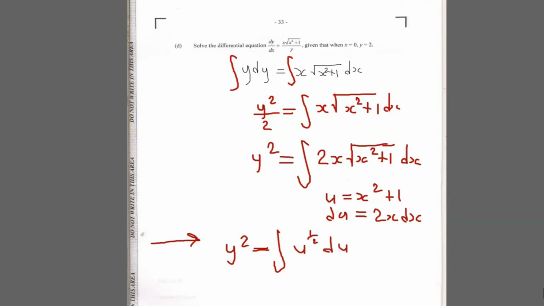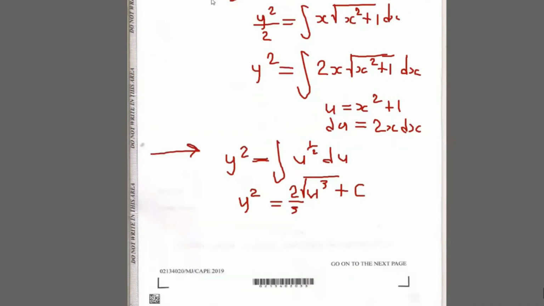So what we're getting then is y squared is equal to, when you integrate u to the half, you get u to the 3 over 2 over 3 over 2. Instead of writing that, I'm going to write 2 over 3 u to the 3 over 2, as the square root of u cubed, plus some constant c. To finish this off, you're going to have to substitute back.